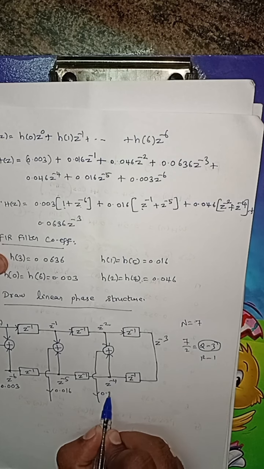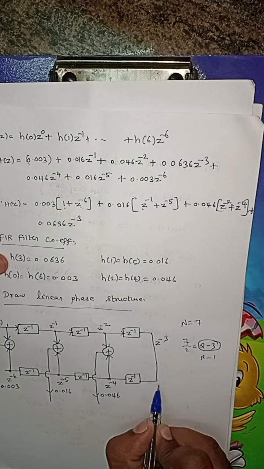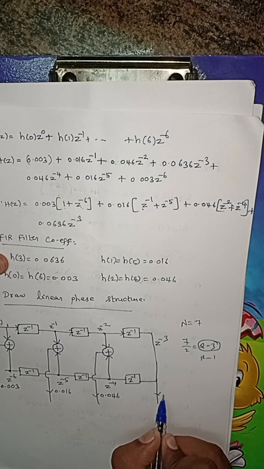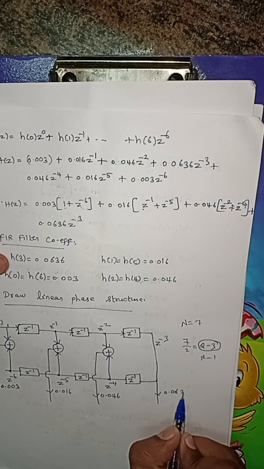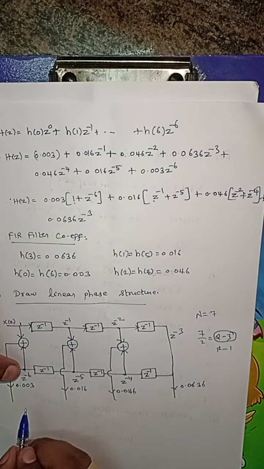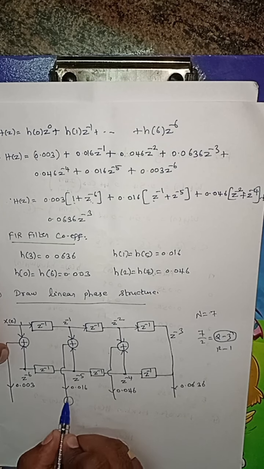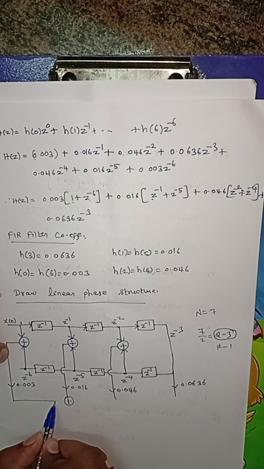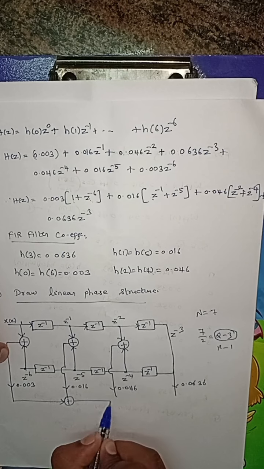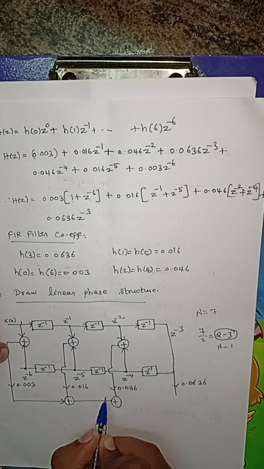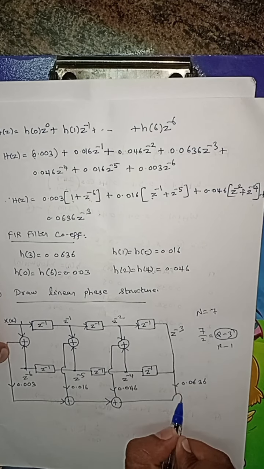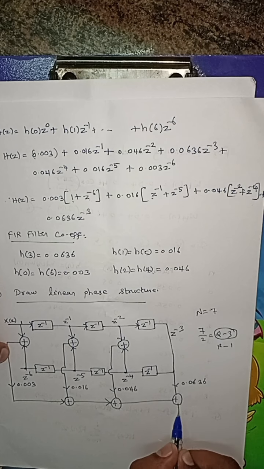And z power minus 3 is multiplied with 0.0636. Now we want to add everything, then only we will get h of z. So finally we will get y of z.